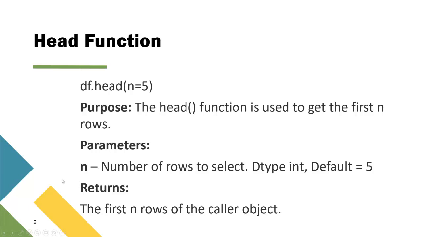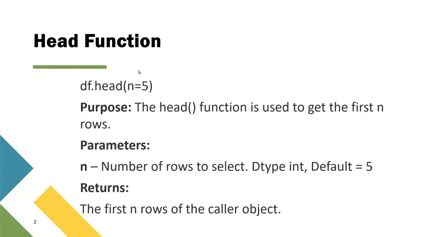It is the number of rows to display. So by default n is 5, that means it will display 5 records of the data frame. You can set your custom value for n, suppose 10, 15, 12, 17, etc.